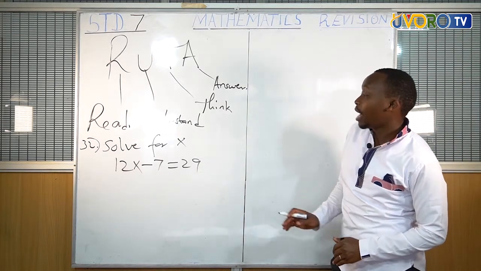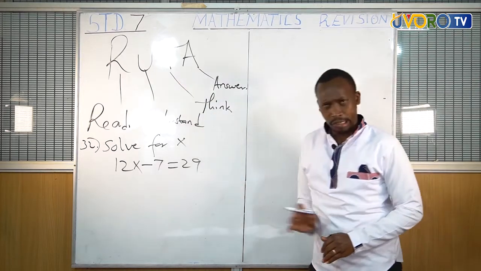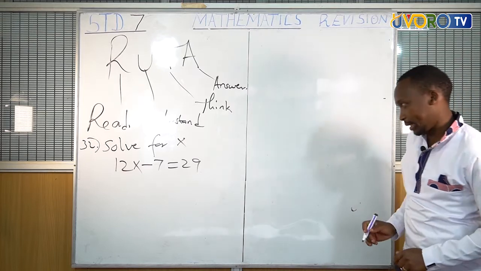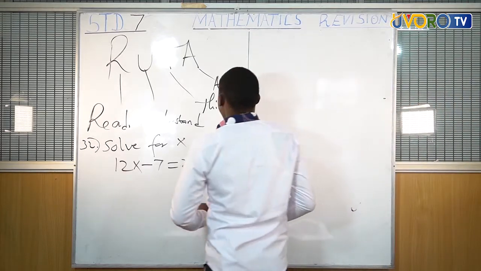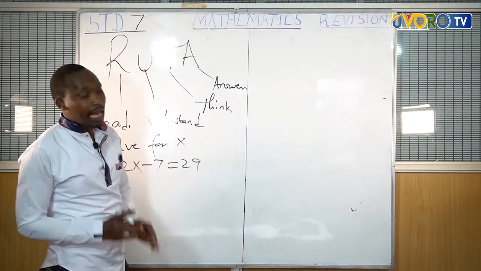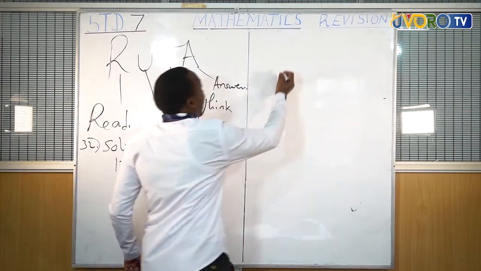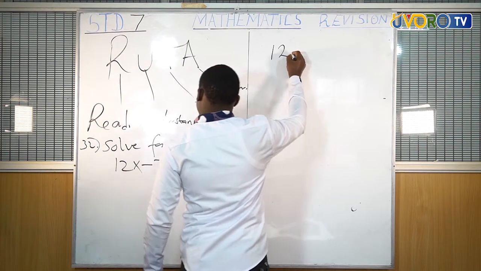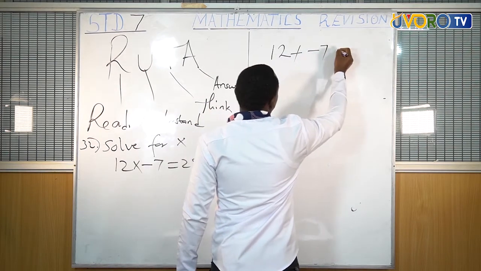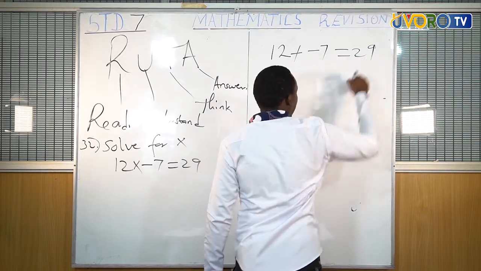So now, what are we supposed to do for thinking? Let's salute T for thinking. Now, we are supposed to put the right terms together. That is 12x minus 7 equals 29.